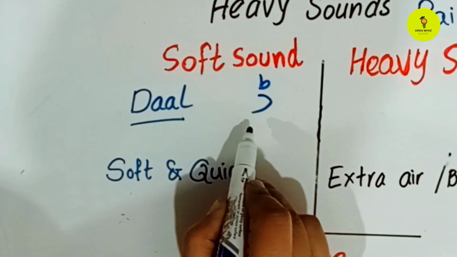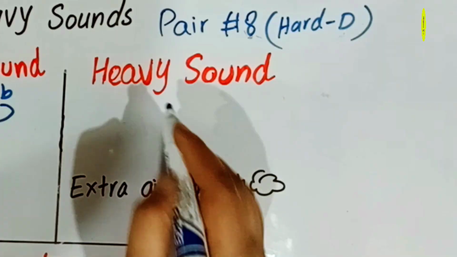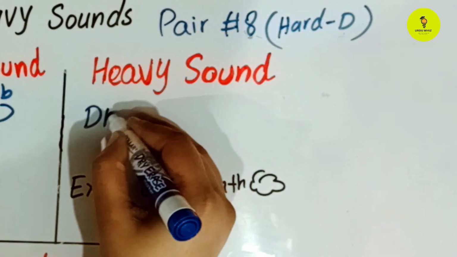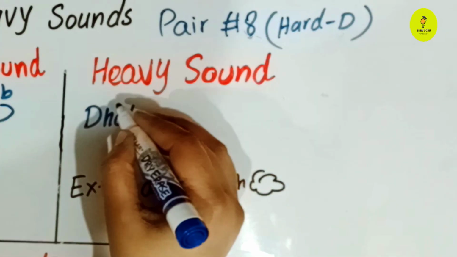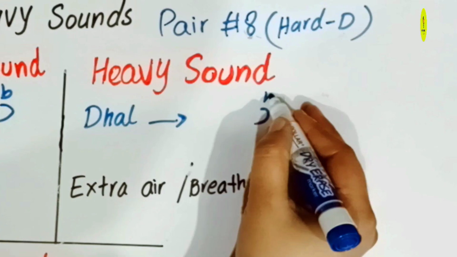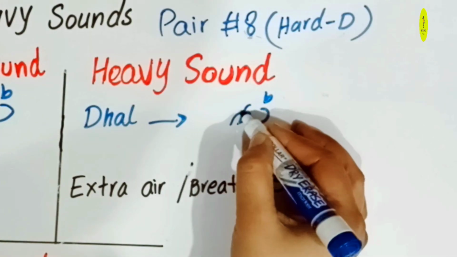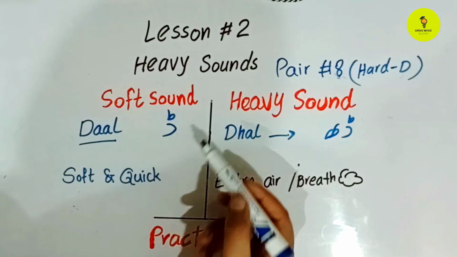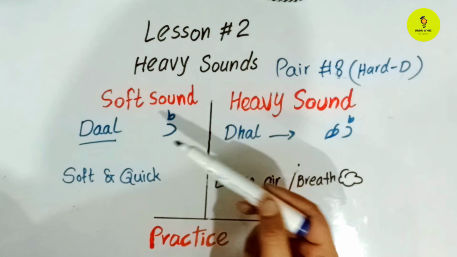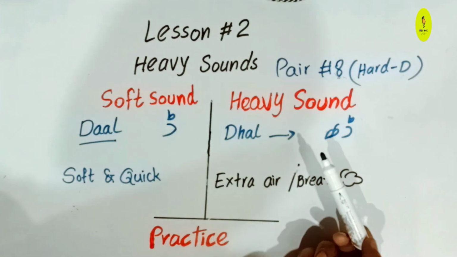This is the dal, the hard sound of D, and the heavy sound is dhal. Repeat after me. Dal, dhal, dal, dhal.